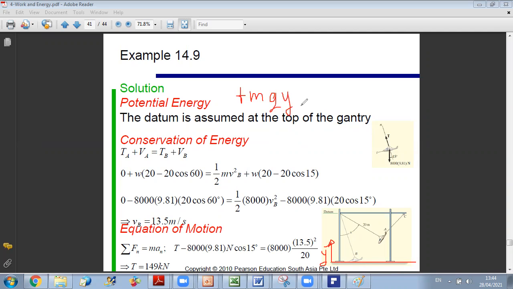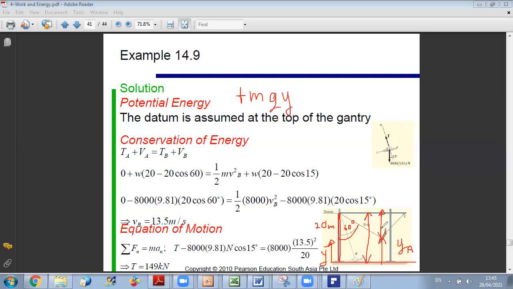Now at point A what is y of A? y of A can be calculated as the difference between this distance, all together, which is 20 meters. Why can you say 20? They should clarify it, because the total cable length equals the height of the car. Okay, so this is 20 meters. This is 20. We should subtract from it this part, this length, knowing that this angle is 60 degrees.